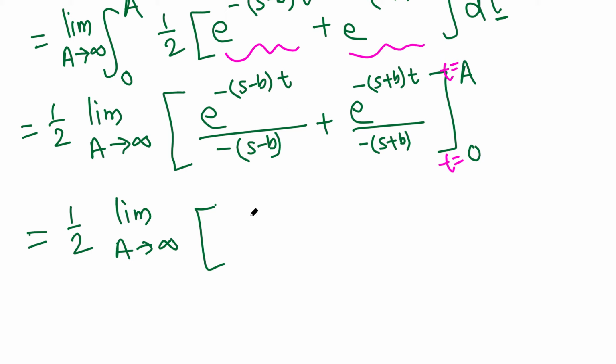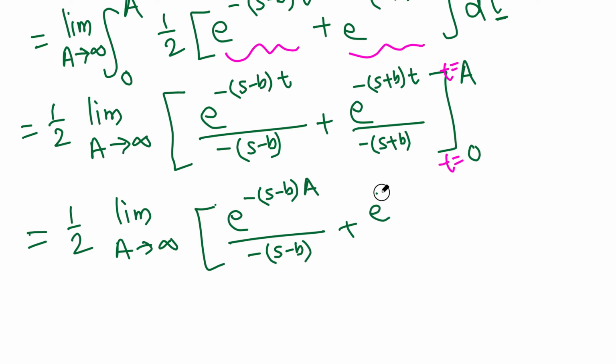Upper limit a means e raised to negative s minus b times a, all over negative s minus b, and e raised to negative s plus b times a, all over negative s plus b.